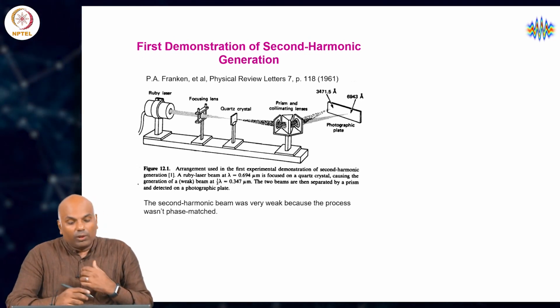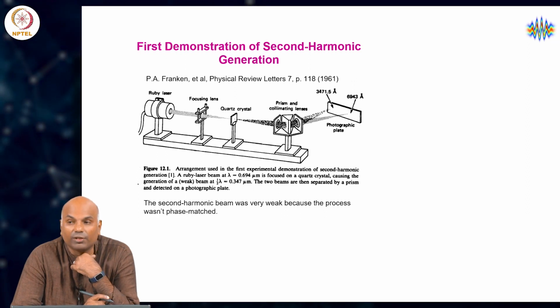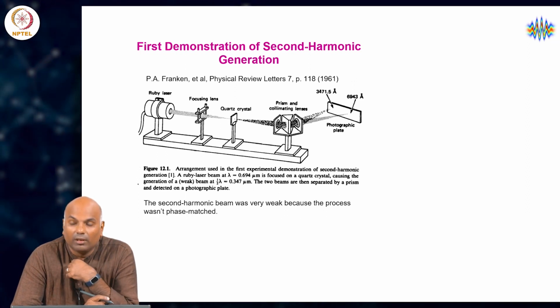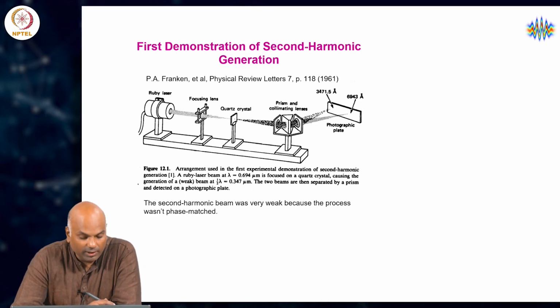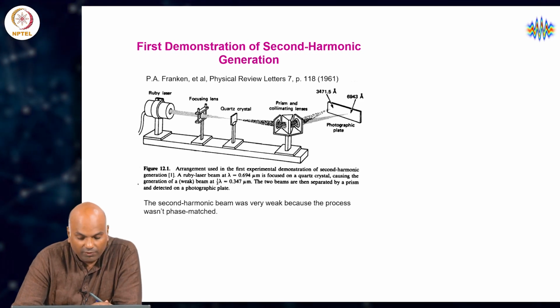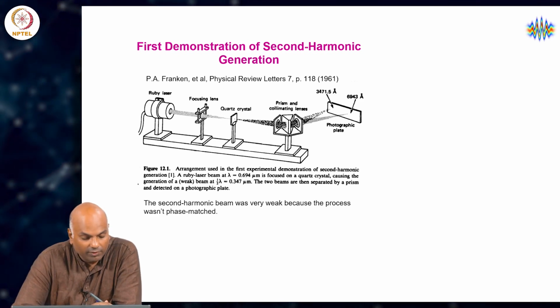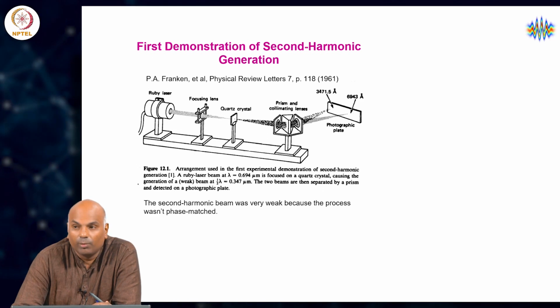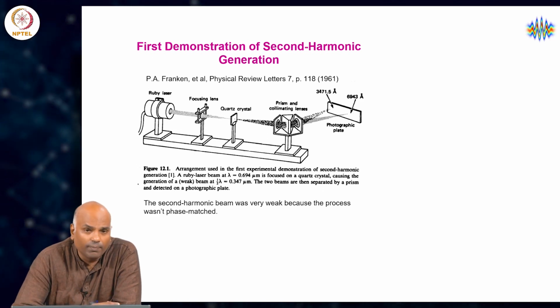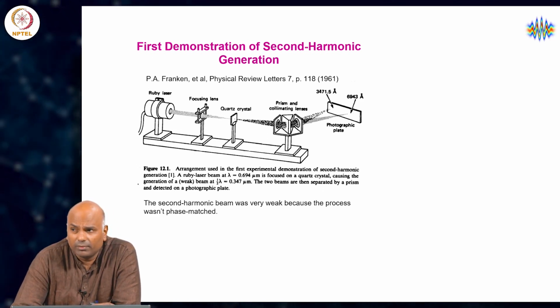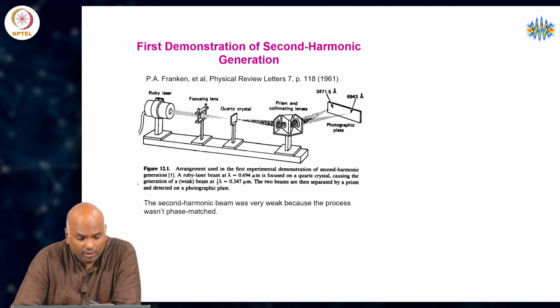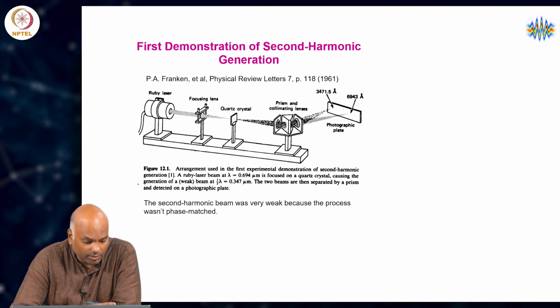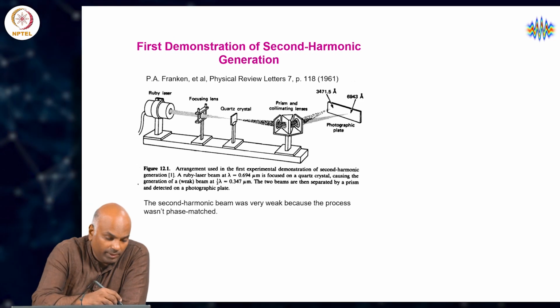So, we spoke a lot about second harmonic generation in the last couple of lectures. Let us see here the first example of the demonstration of second harmonic generation, which today is a very commonplace phenomenon, demonstrated by Peter Franken.